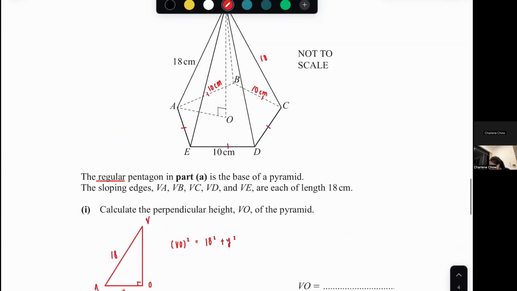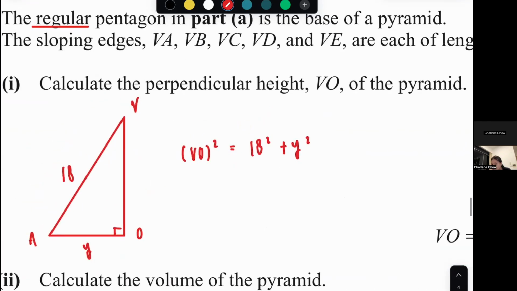Very good. And of course, VO is not the hypotenuse. Therefore, we are going to switch over and make 18 the hypotenuse. 18 squared is equal to VO squared plus Y squared. Once you have found Y squared later on, then you can very easily find VO squared. Very good thinking, very good catch there.